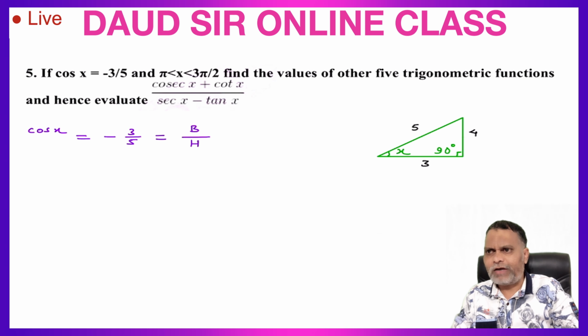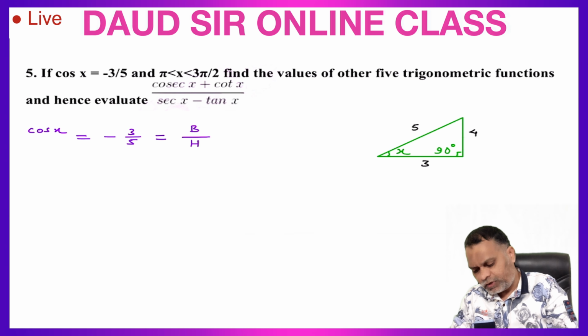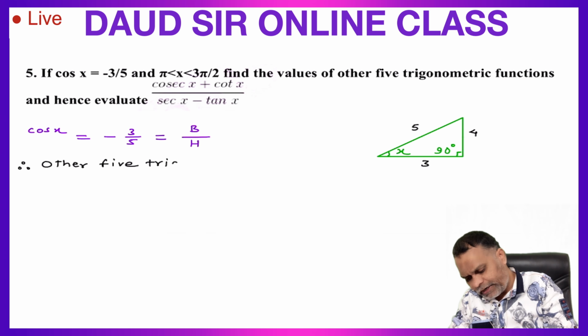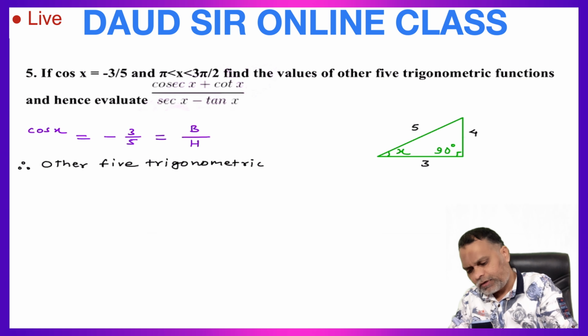Now we can write the values of the other 5 trigonometrical ratios or functions, we can say trigonometric functions.